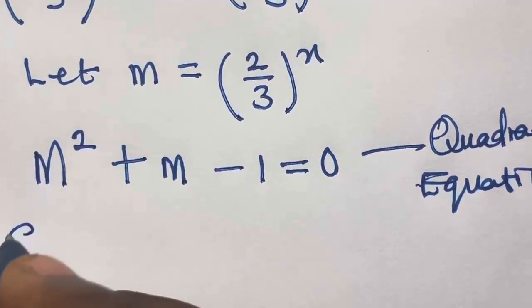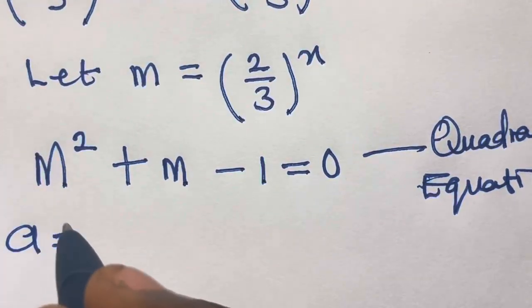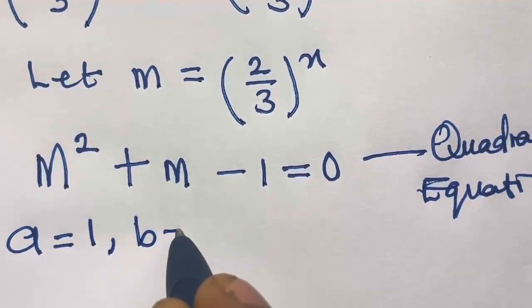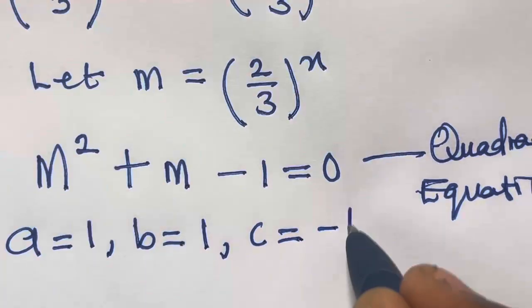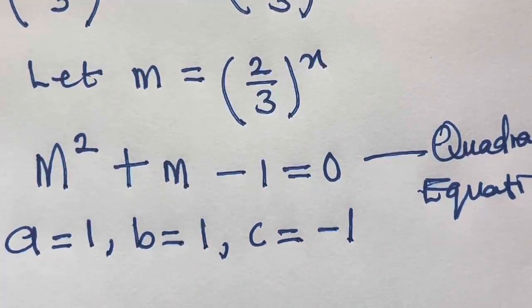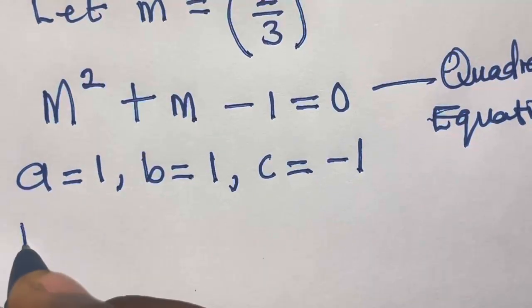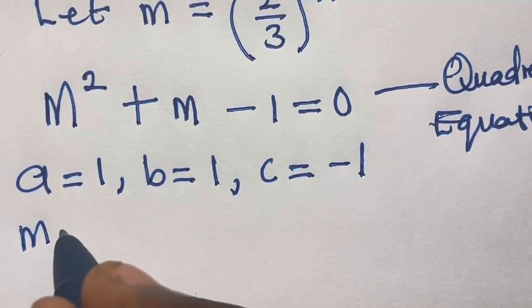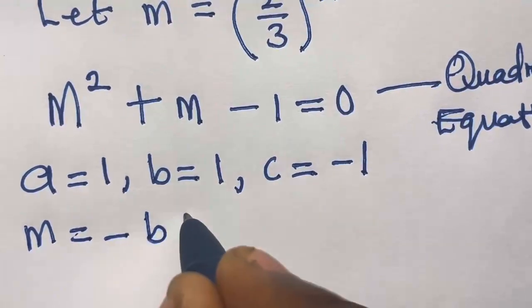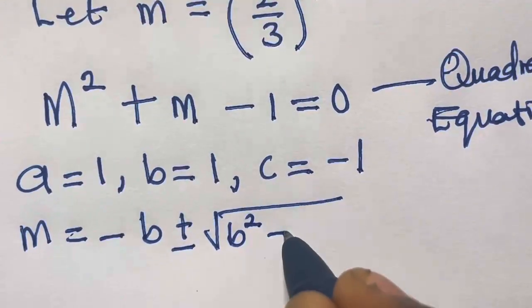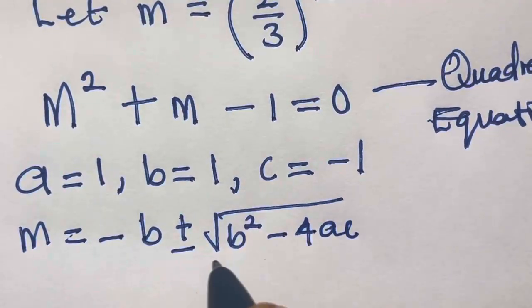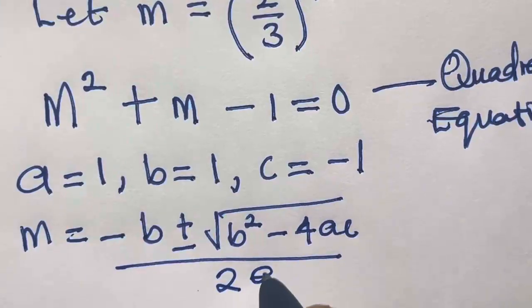From here we have a, the coefficient of m squared, equal to 1; b, the coefficient of m, equal to 1; and c, our constant, equal to minus 1. Using the quadratic formula, m equals minus b plus or minus the square root of b squared minus 4ac, divided by 2a.